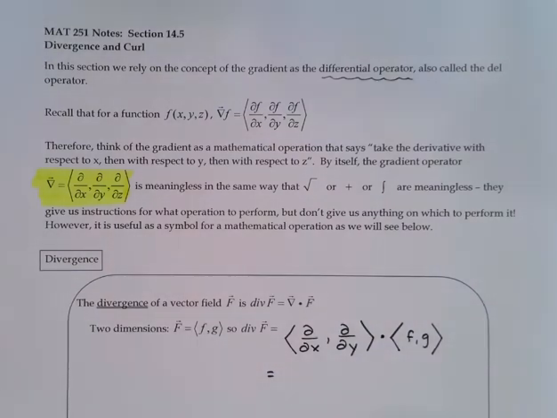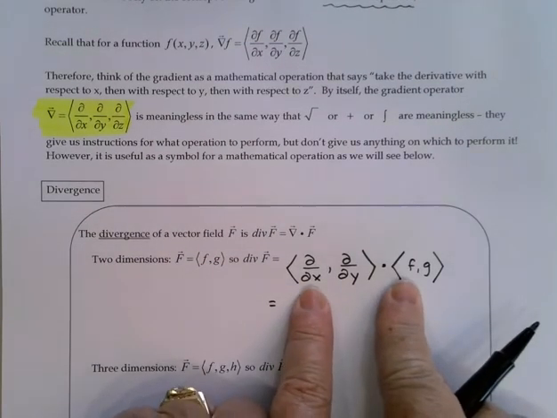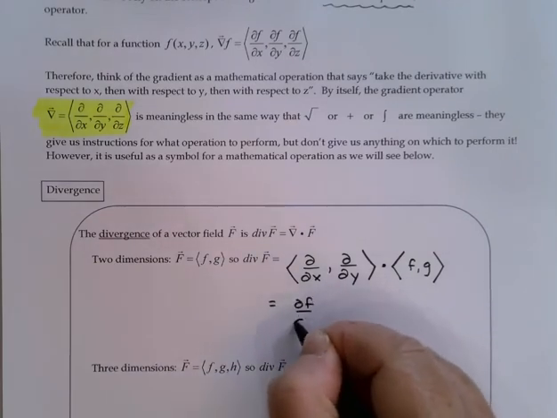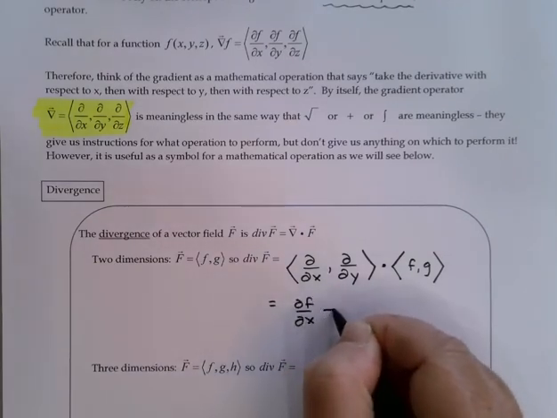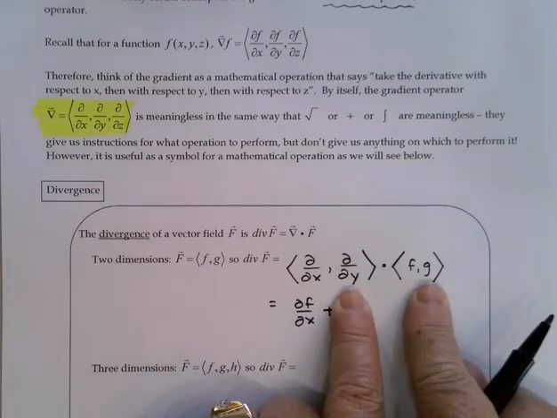We'll do our dot product the same way we always do. The first, so partial f, partial x. And then remember it's plus, right? Dot product is a scalar, so we add partial g, partial y.